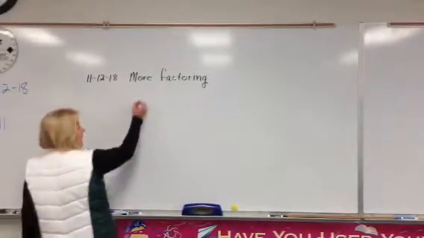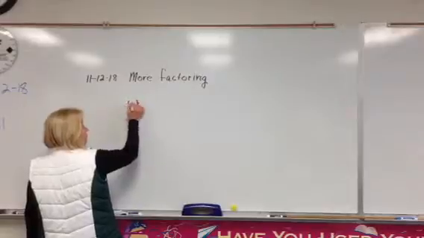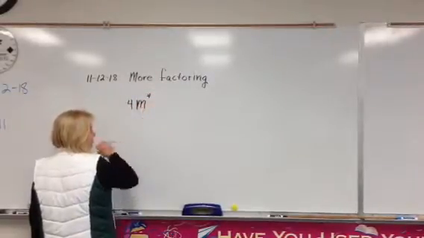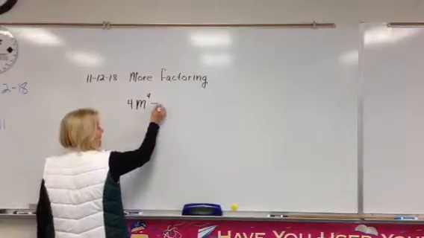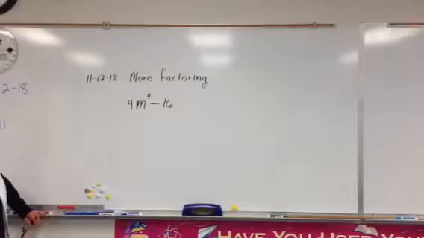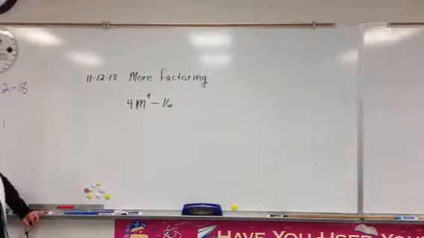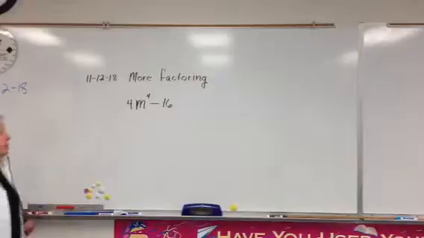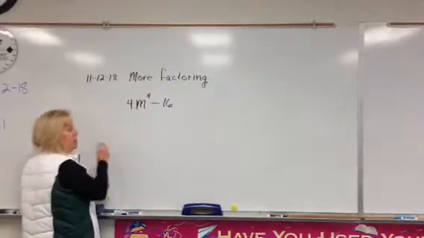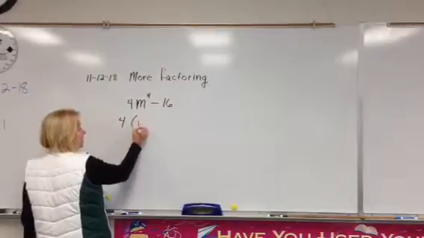So if I had 4m to the 4th minus 16, they are both perfect squares, but what do I need to do first? Pull out the 4. You have to take this 4 out before you take square roots, or you won't have factored it completely.